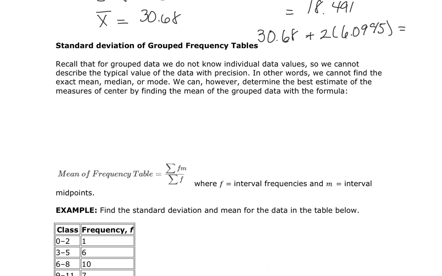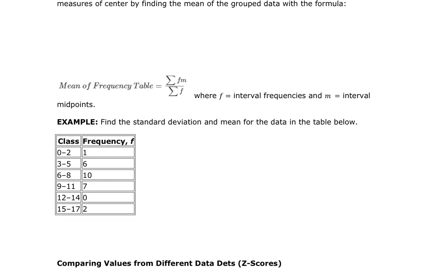Well, when we have a grouped frequency table, what we'll need is the midpoint. So, of course, I'm going to add the midpoint just like I did when I was finding the mean for our frequency tables and our grouped frequency tables. If it's frequency tables, I didn't need the midpoint, but for grouped frequency tables I did.